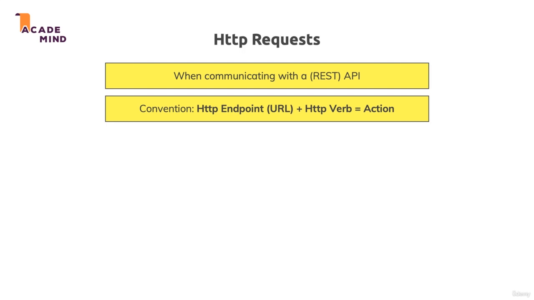Now, as I said, the endpoint is really just the URL you target. And for different URLs, different things could happen. For example, with myserver.com/posts, if you send a request to that, you might want to load all posts or add a new post to the list of posts. And that action is also determined by the HTTP verb you choose, because you can send different kinds of HTTP requests. The most common request, which we all know when we open a page in the browser, is a GET request.